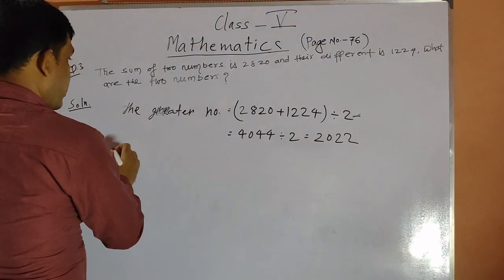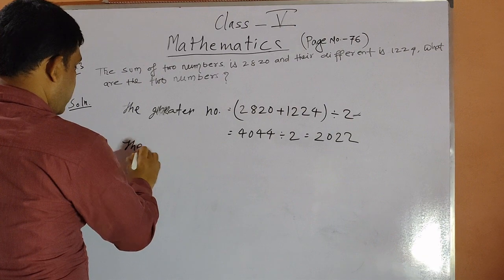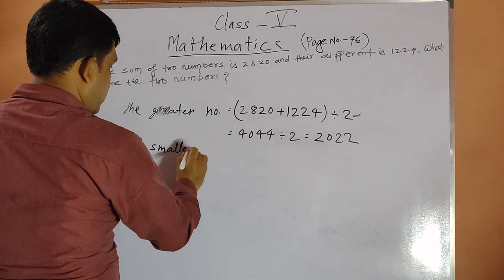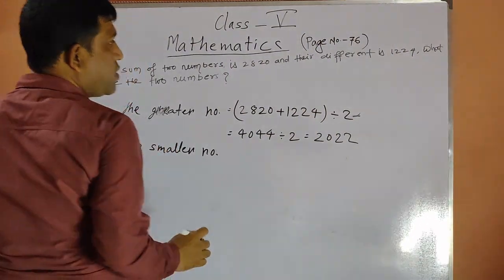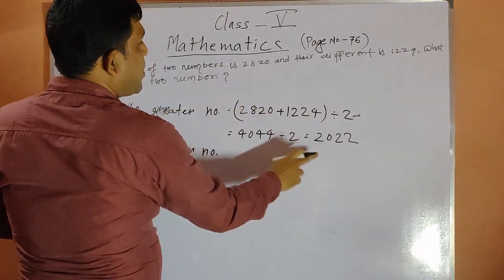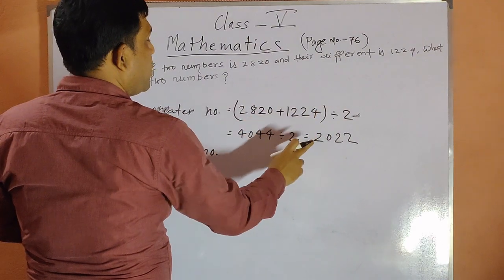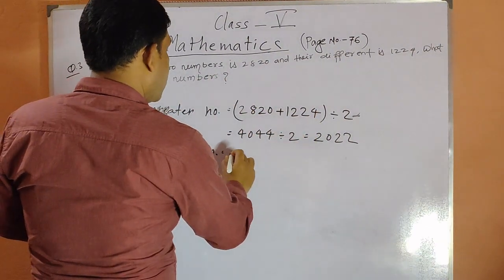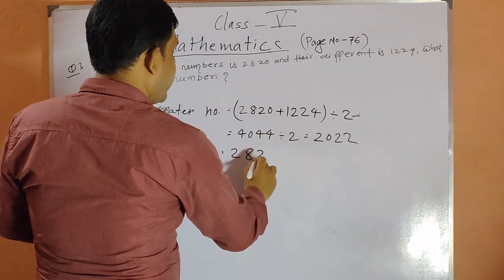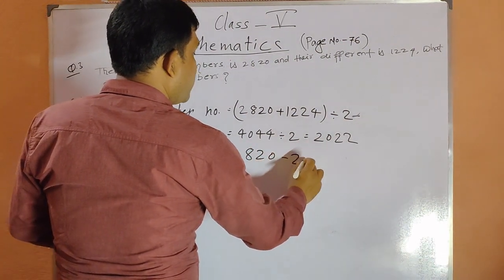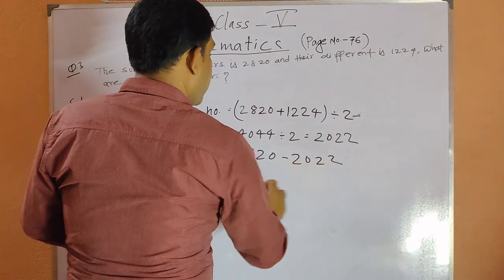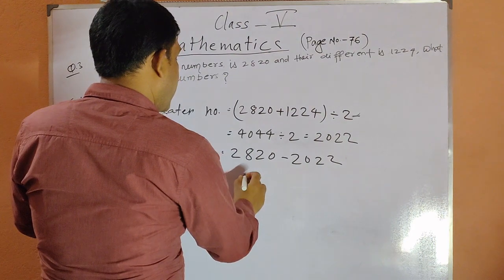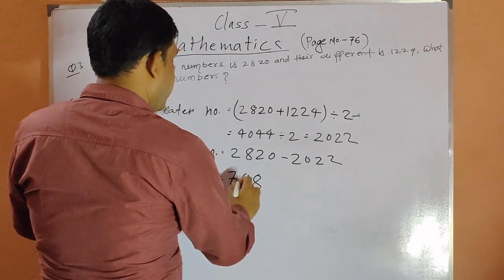After this, the smaller number. The smaller number is, from here you have to subtract this one, from 2022. That means 2820 minus 2022, you get 798.